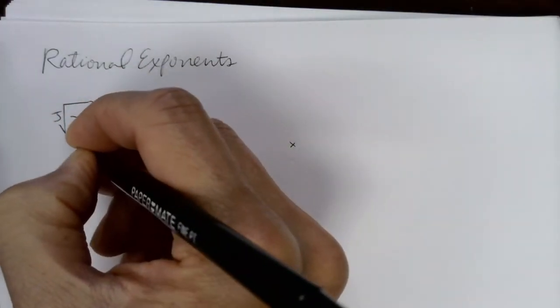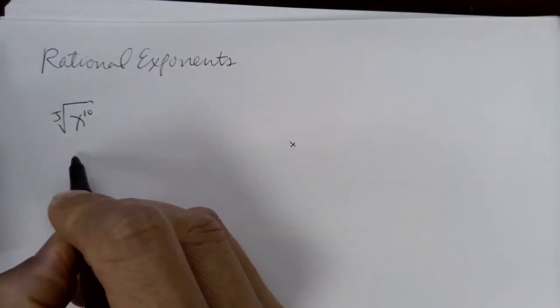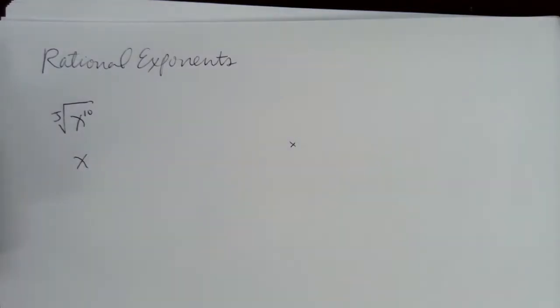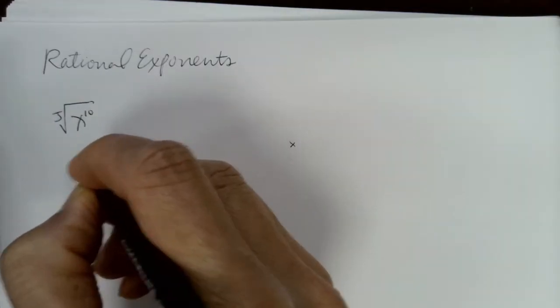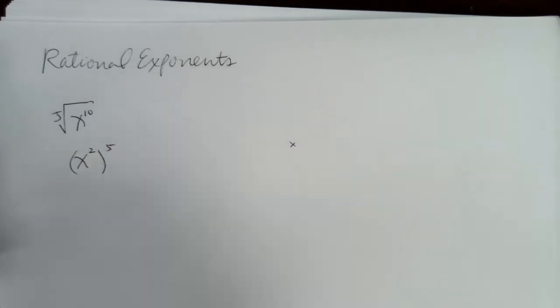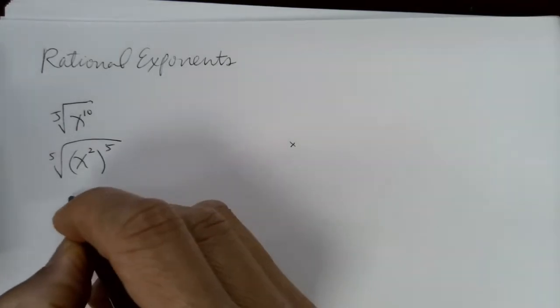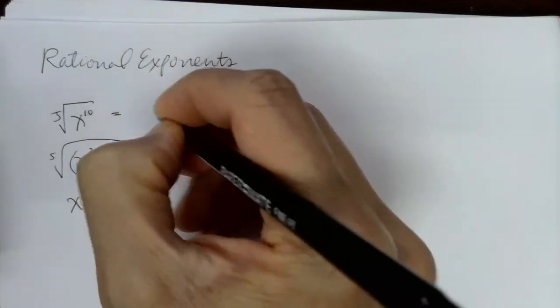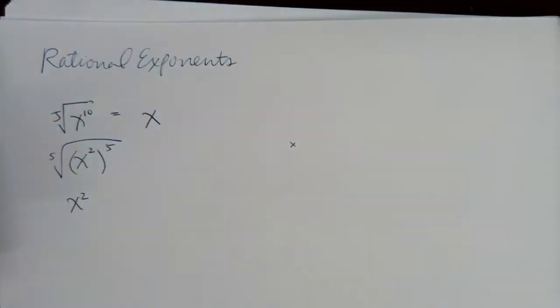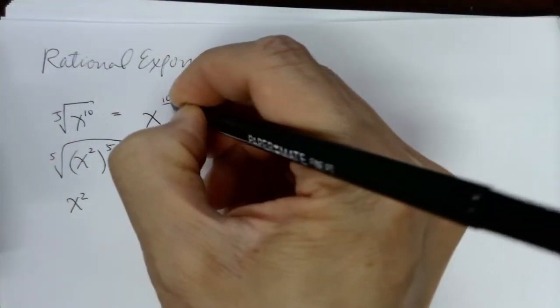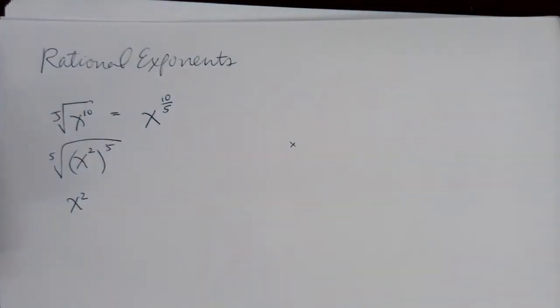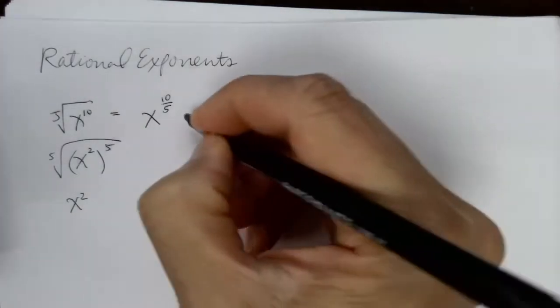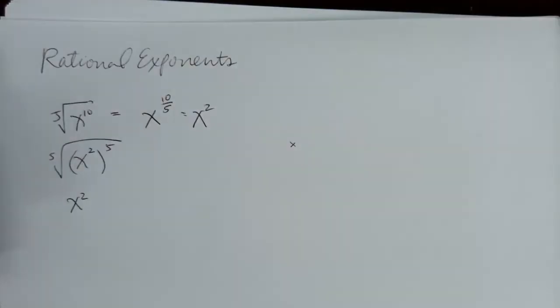If you keep it in radical form, I'm looking for a fifth root of something, so I might recognize that x to the 10th is the fifth power of x squared, which means that this is more simply x squared. Or if I want to use rational exponents, I could say that is x to the 10th over 5, which is also x squared.